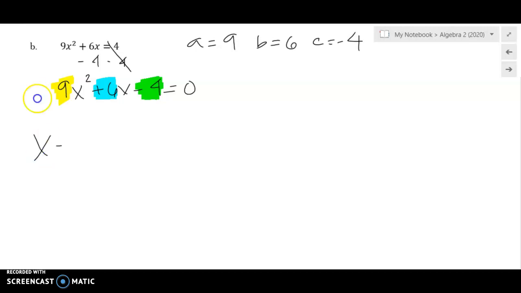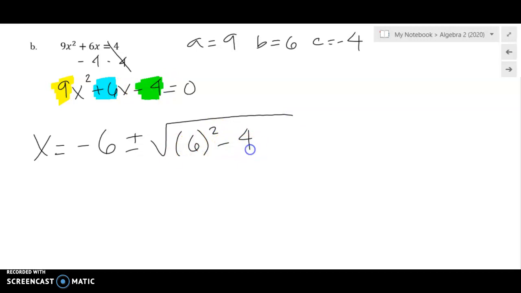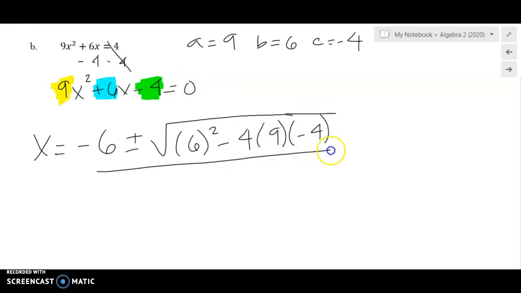I have x equals negative b, which is 6, plus or minus square root b squared, so 6 squared, minus 4 times a, which is 9, times c, which is negative 4, all over 2 times a.